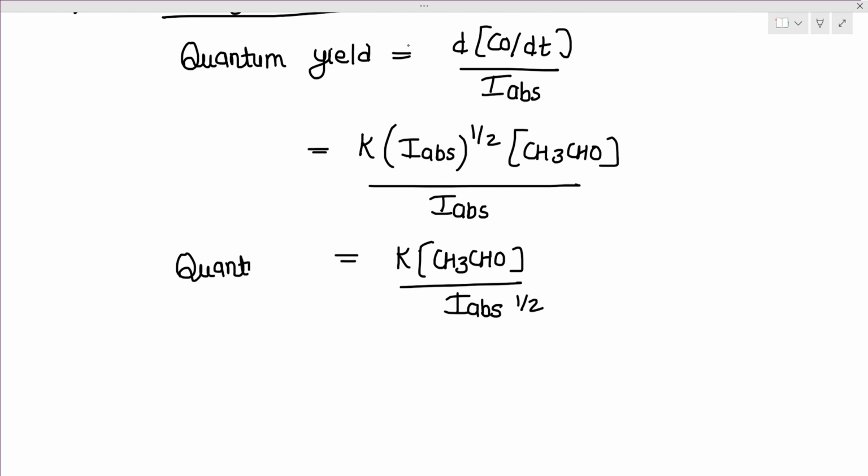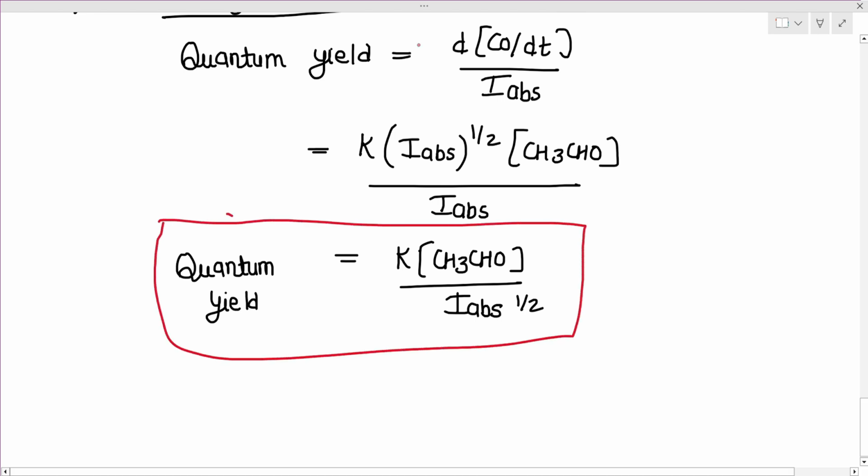Okay, so whenever you have asked about the quantum yield, what you have to do? You have to divide the rate by the intensity of the radiation. You will get the quantum yield. Okay, so this is one of the important things from this discussion. One thing is clear, that the quantum yield of carbon monoxide formation increases with decrease in the light intensity.